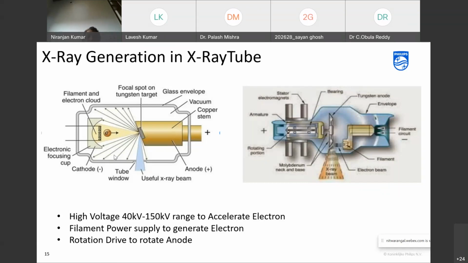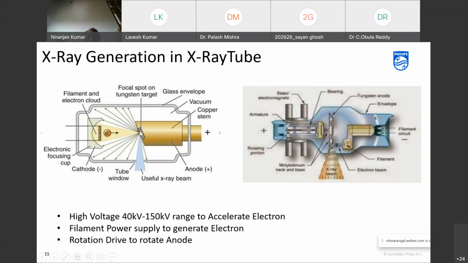Yes, that's why you need very high voltage, because even if you give a small one it will move, but the energy depends on the voltage you apply. So when we apply higher voltage, higher energy is absorbed by the electron, and it will hit the target with higher energy.